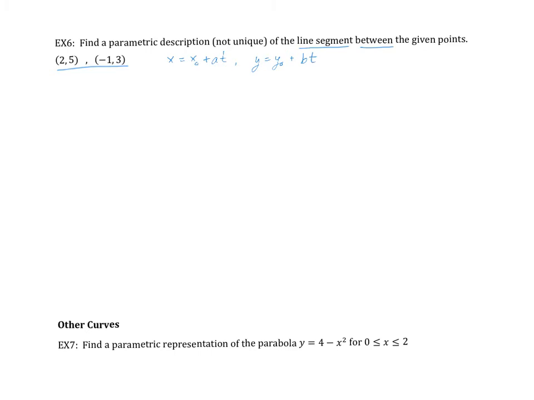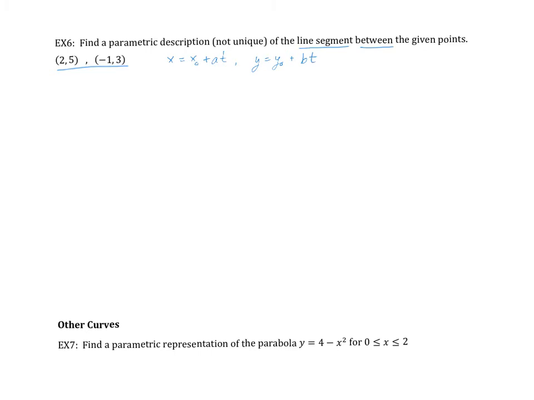And then here I can choose either point that's given to me as my starting point. This just says to find a line segment between the 2 points. It doesn't say that you're starting at 2, 5 and ending at negative 1, 3. So I don't really have a direction. I'm not given a direction. So it's my choice.